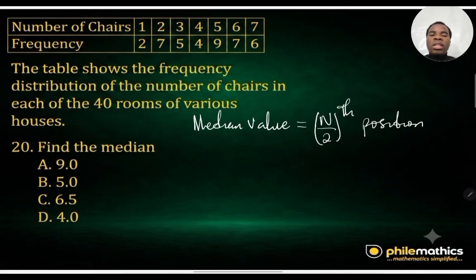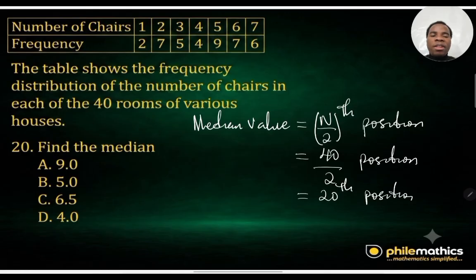So our median value is at the n over 2 position, where n is 40, over 2, which is the 20th position. That is where our median value lies.